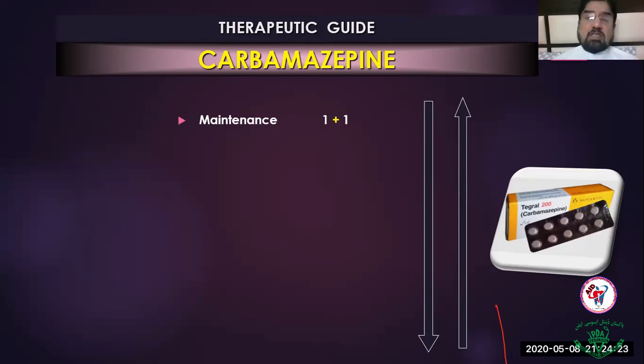This dose is called the maintenance dose. Any patient with trigeminal neuralgia, you tell the patient that you have to take this medicine your whole life, and this is your maintenance dose. You cannot omit this dose all your life, and that is mandatory.